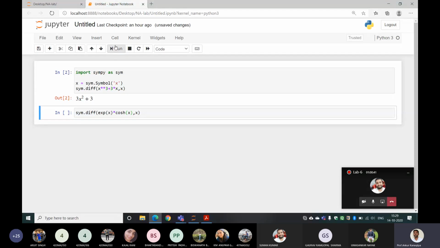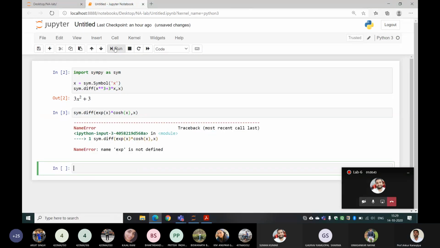If I run, definitely I will get some error. It is saying the exponential is not defined. We have to first define the library. This exponential function is already defined in symbolic Python also, so I am using sym.exponential instead of numerical Python, because we are not doing numerical computation.